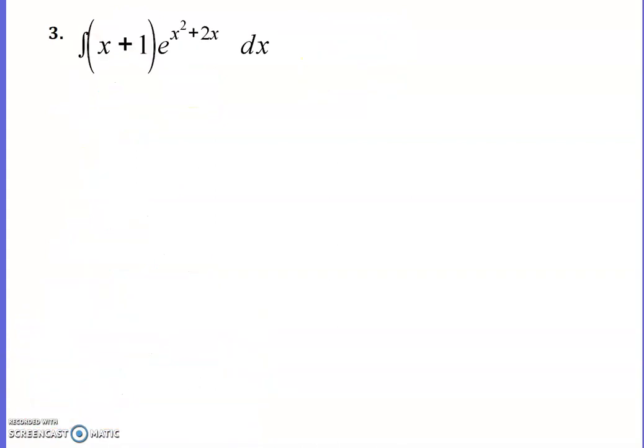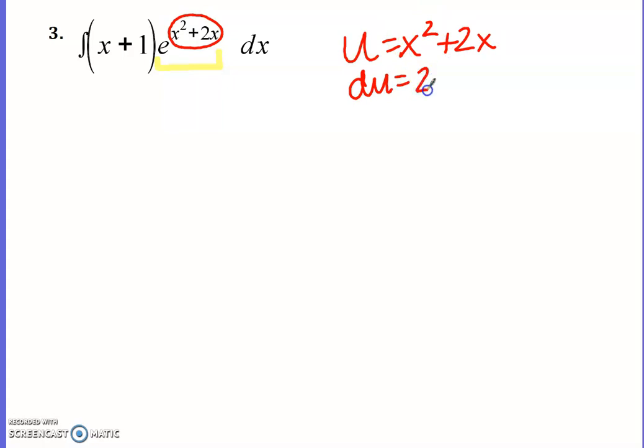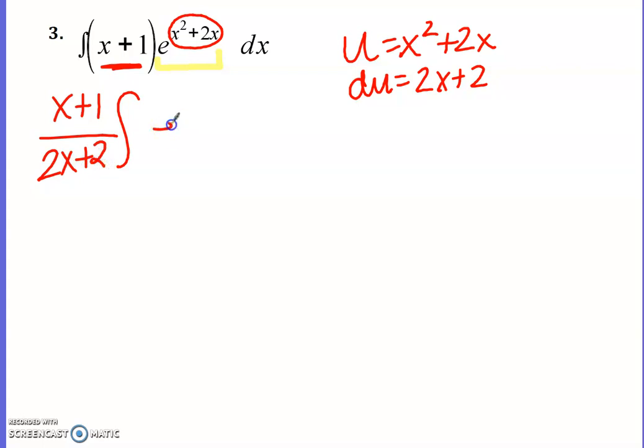Okay, let's try one more of these. So I have my e to the x squared plus 2x. This is what I'm going to say u equals. Do the derivative. Back to my integral. This part gets moved to the front of the integral, and I divide by du. I leave this inside of my integral.